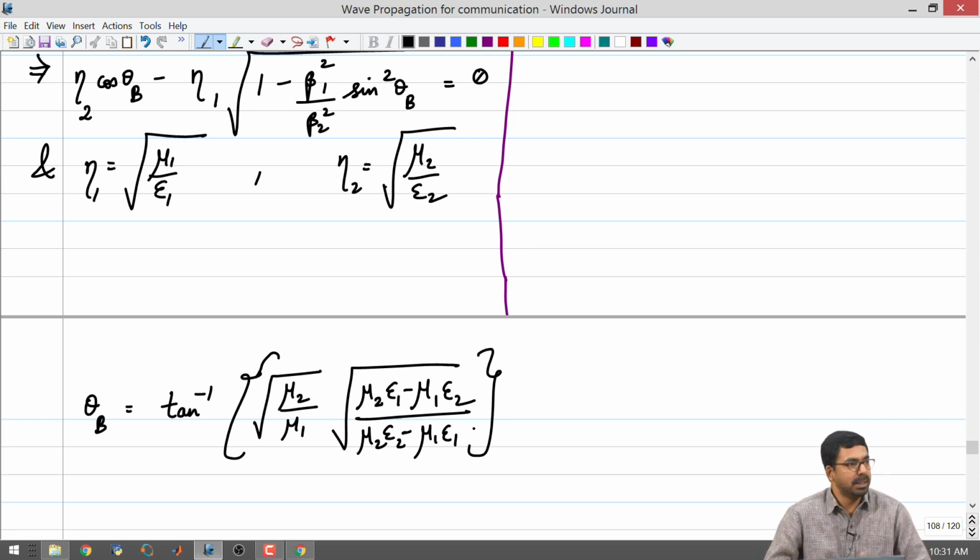This is another expression that you can write for your Brewster's angle.